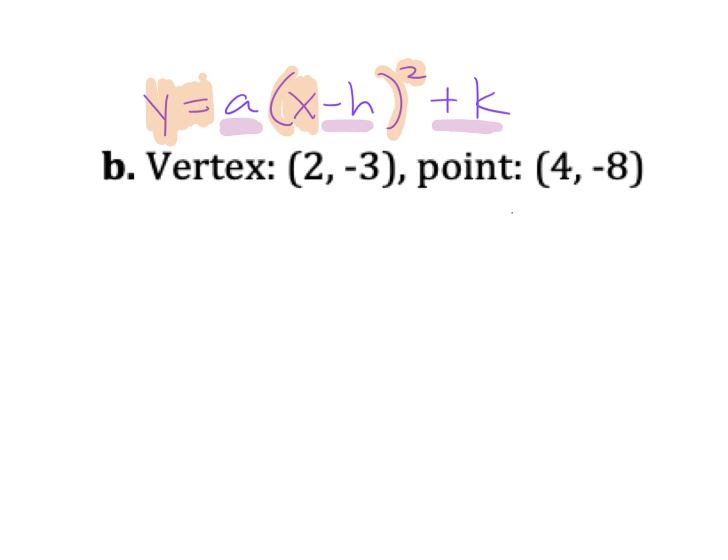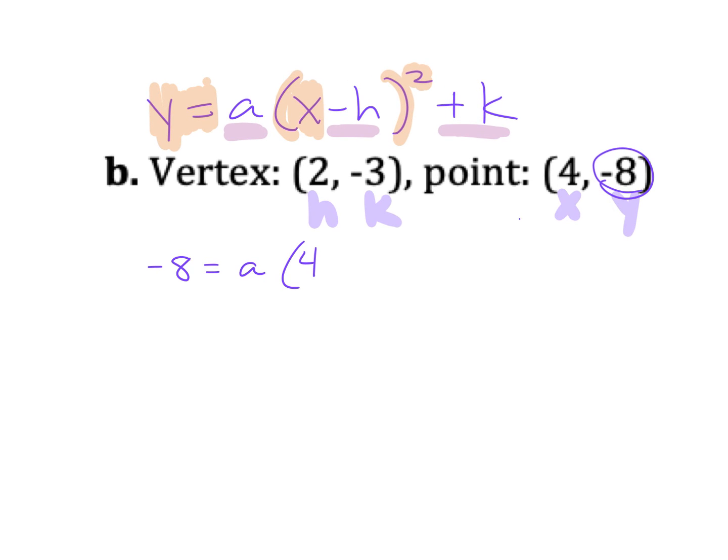So you have X and Y and H and K. So it's going to be y equals A times X, which is the 4, minus the H, which is 2 squared, and then plus your K value, which is a negative 3. So you can just say minus 3 there, and then simplify.